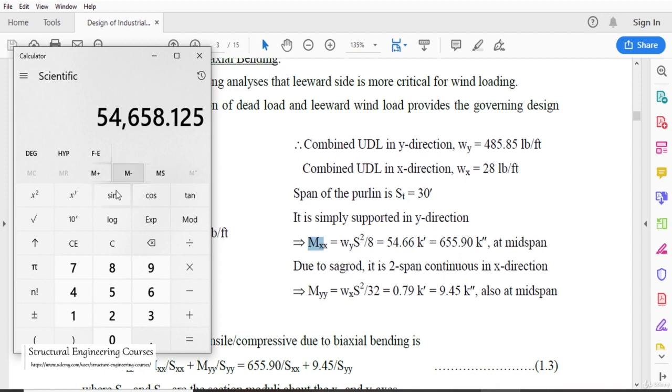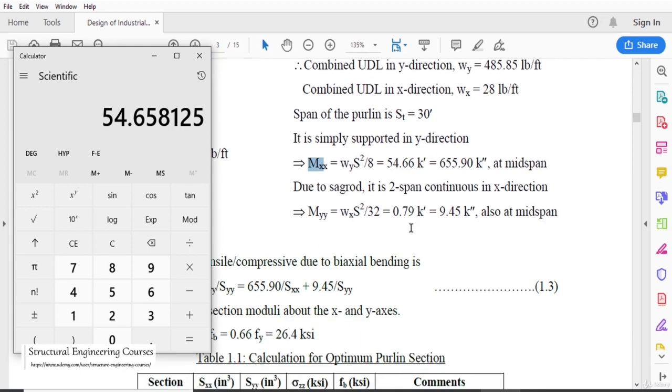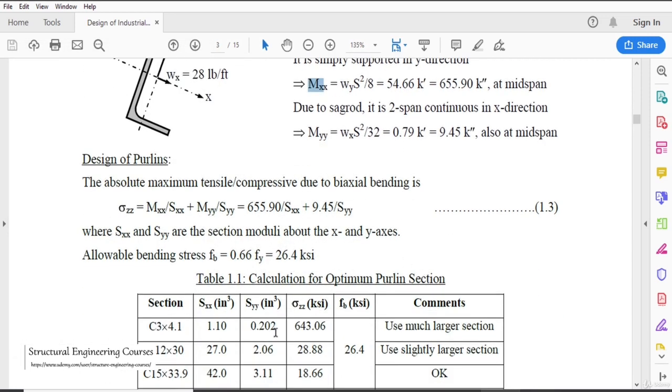When we put in the values, 485.85 into L square, that is 30 into 30, divided by 8, it comes out to be 54.66 kip-feet. This is in pound per foot, but the author has divided this by 1000, so we need to divide by 1000, and it comes out to 54.66 kilopounds. After that, all the further equations are in inches.